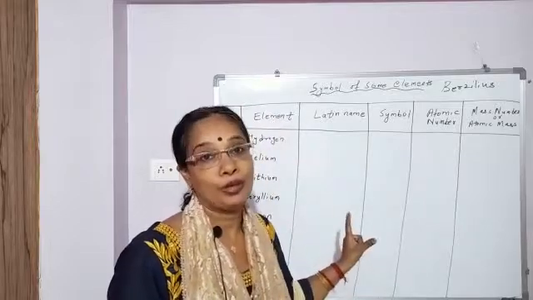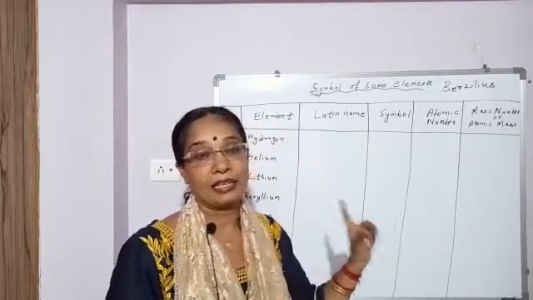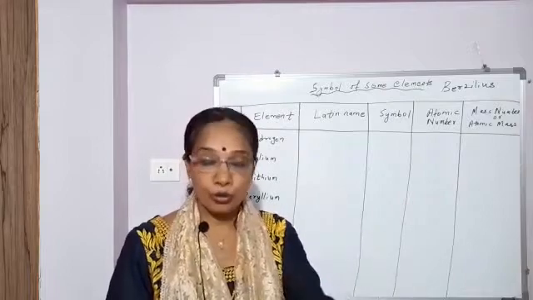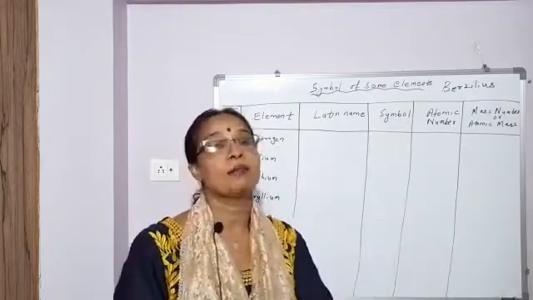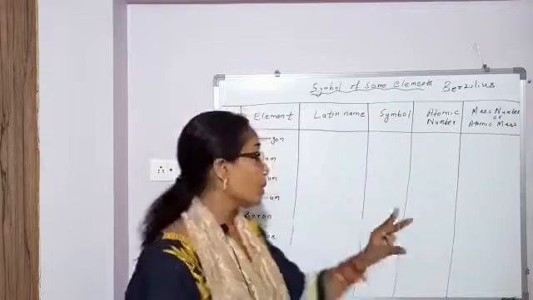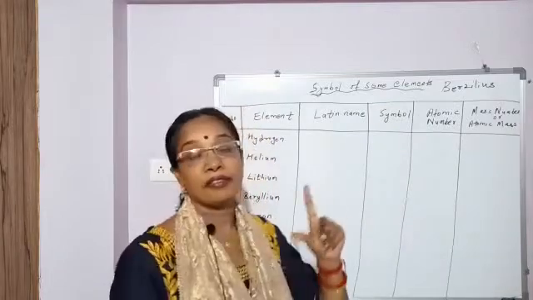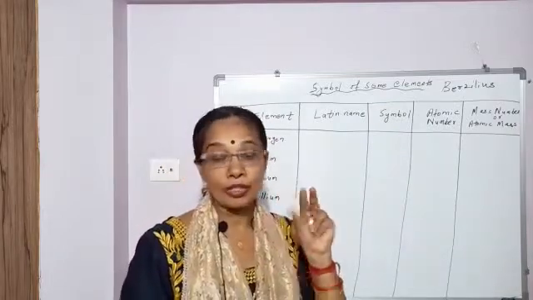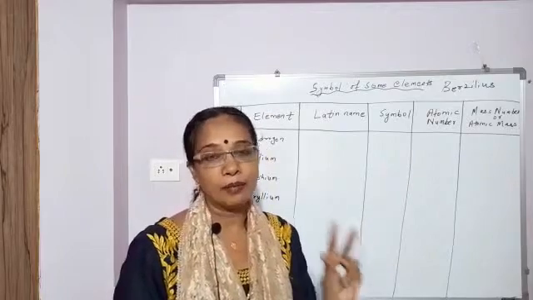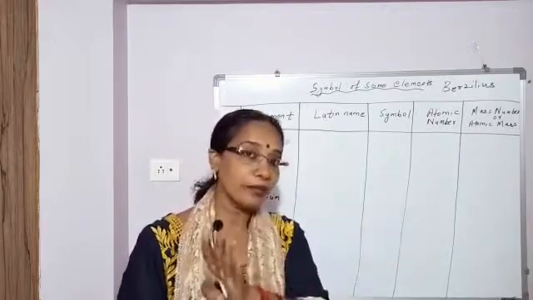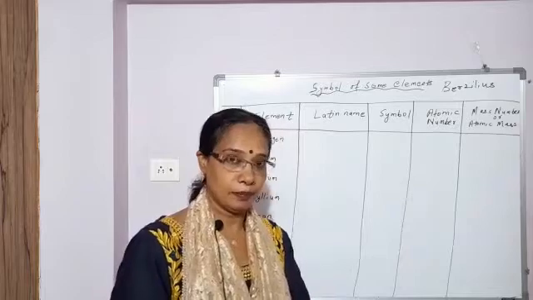You should know the symbol of the element, symbol, valency, how to frame a formula. So, I am starting with symbol. Students, please revise the symbols every day. You should learn the symbols of the elements. Step by step, we will go ahead. So, first I am starting with symbol.